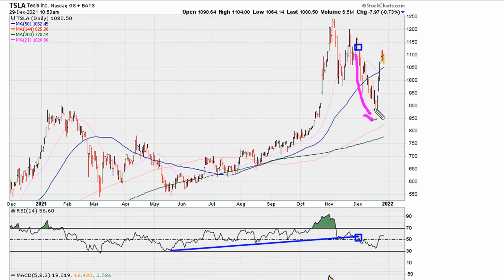So, all right. So take that breakpoint, extend it out. And you can see that we are back to test that area. And so, from a swing trade perspective, we understand now that the more this is being confirmed as resistance, then the more it means that the next meaningful swing trade for Tesla is down.